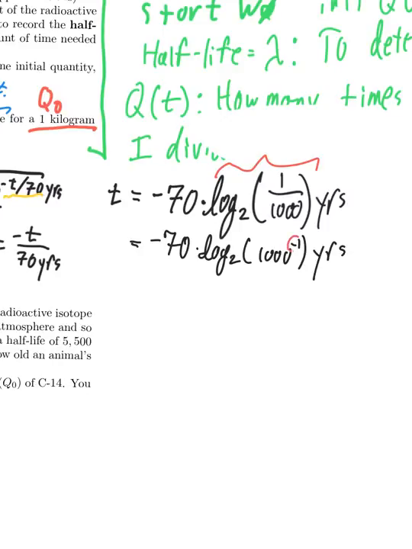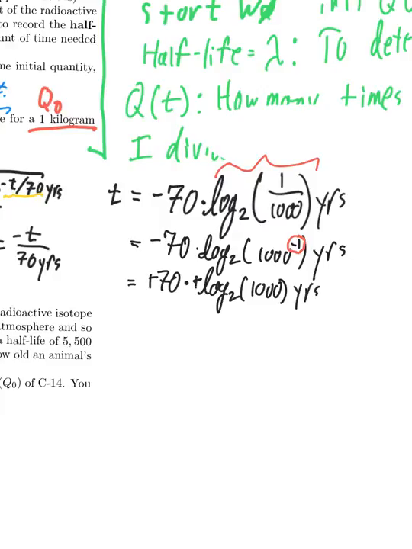I see an exponent here. I can pull that exponent out. That'll give me, well, negative 70 times negative log base 2 of 1,000 years.